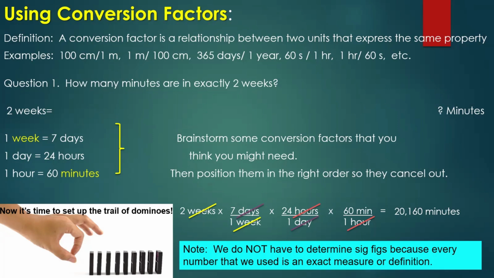We used days, hours, and minutes, and those are all defined times. Nothing was estimated. There's no uncertain digit at all. So we don't have to get rid of any digits or round or anything. So we can keep all of these numbers. Our final answer is 20,160 minutes.